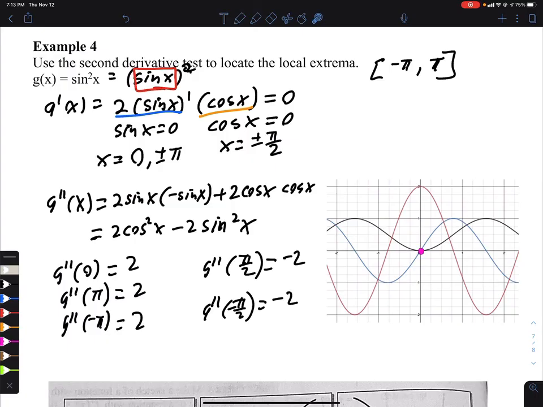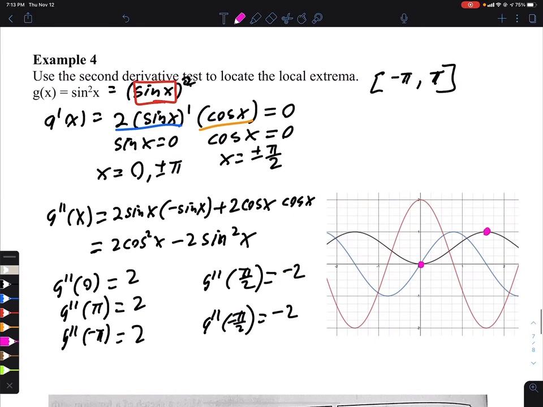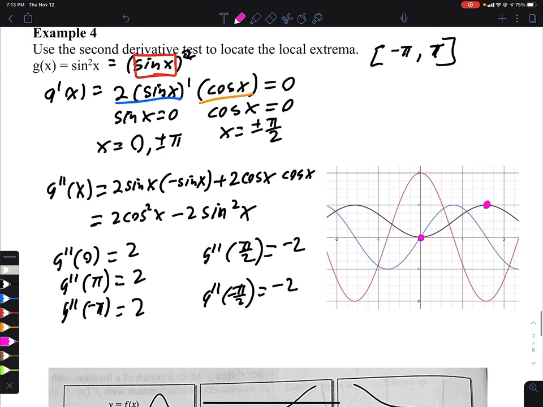At pi over 2, the second derivative is negative, so it's concave down, so that points to a rel max. There should be a rel max at pi over 2. Can we verify that? Rel max at pi over 2. Also, negative pi over 2 is concave down because the second derivative is negative. That's a rel max, and we can verify it there.